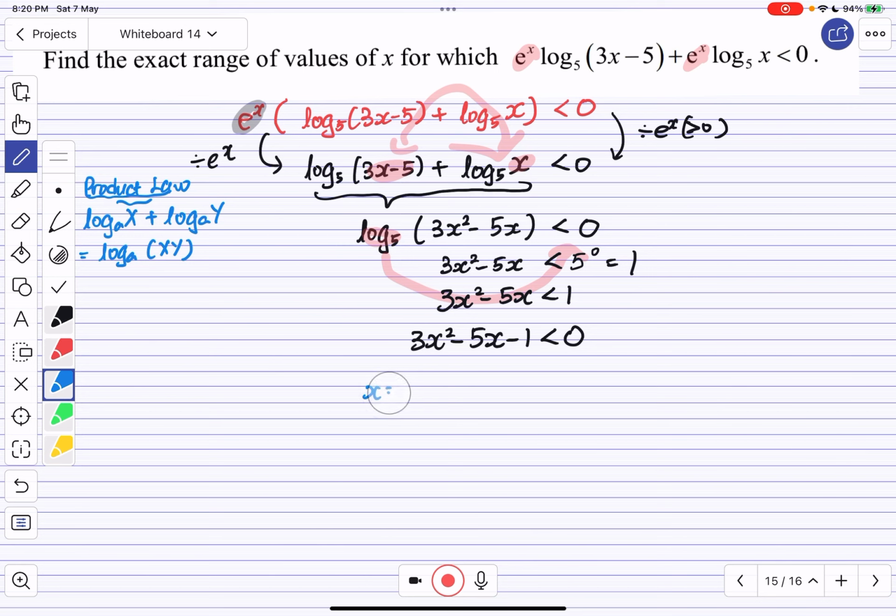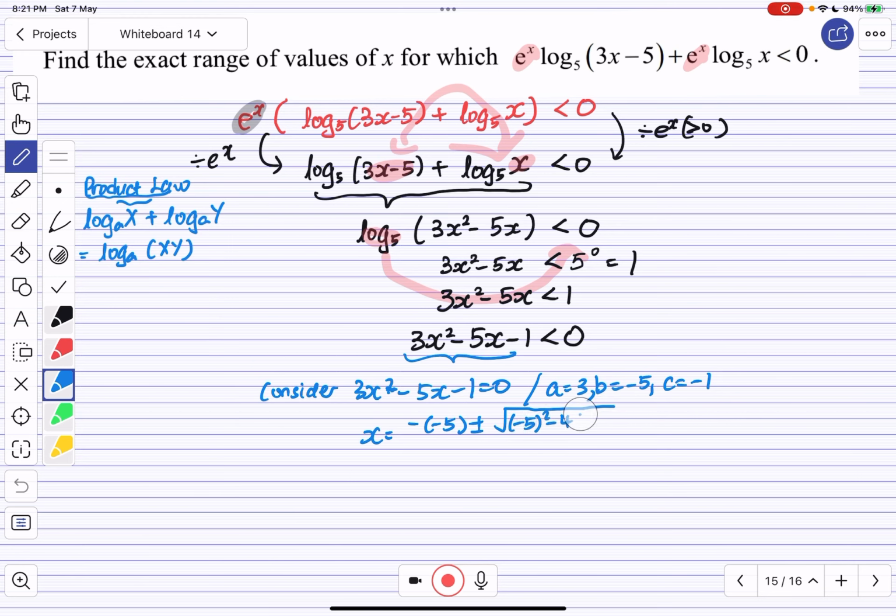If I consider 3x squared minus 5x minus 1 equals 0, then using the quadratic formula where a equals 3, b equals negative 5, and c equals negative 1, x will be equal to negative b plus minus square root of b squared minus 4ac over 2a, which gives the final answer 5 plus minus square root 37 over 6.